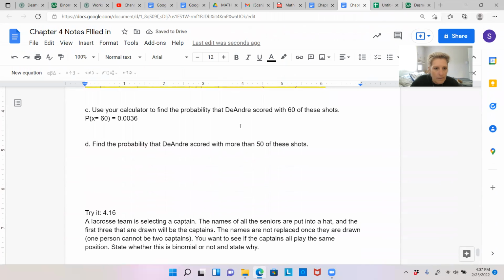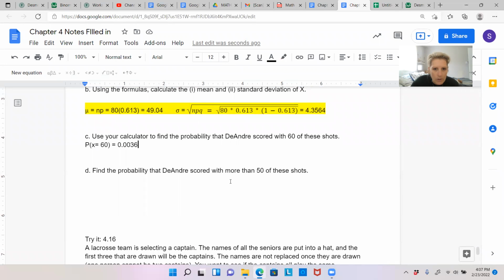D says, find the probability that DeAndre scored with more than 50 of these shots. So more than 50 means X is going to be greater than 50. And a reminder, we have to use 50 plus 1, 51 as our lower bound in Desmos.